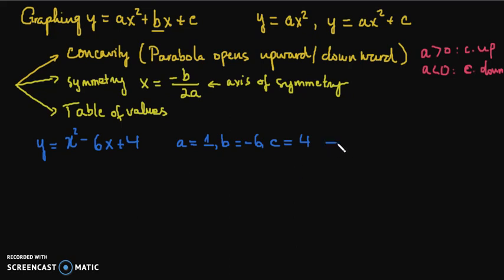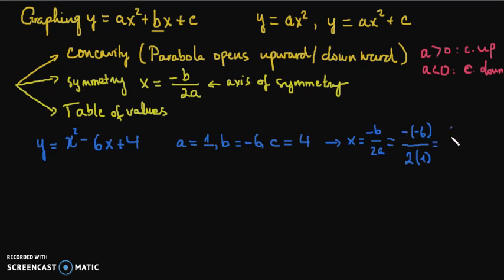In this case, I can immediately find the vertex. x equal to negative b divided by 2a, which is negative of negative 6, divided by 2a, and a is 1.